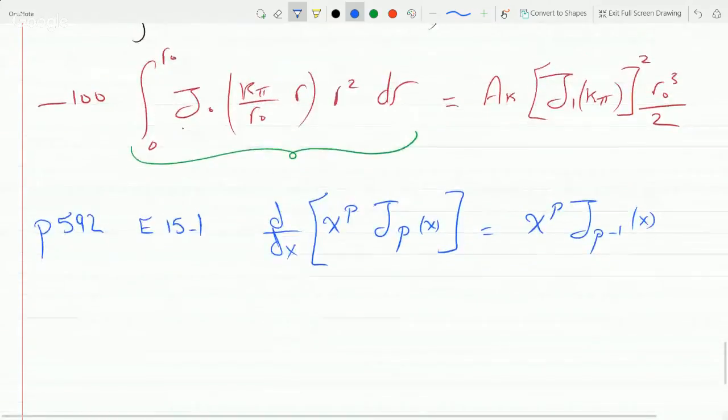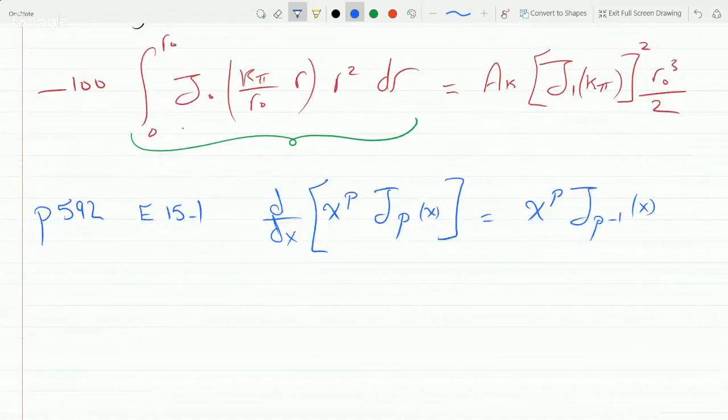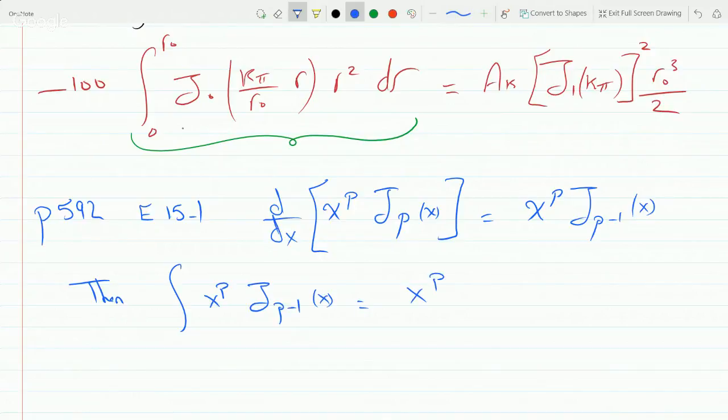Okay, so by the fundamental theorem of calculus, if the derivative of this is this, that means the integral of the right hand side will give you the left hand side. So the integral of x to the p, J p minus 1 of x has to equal x to the p, Jp of x. So that's how we're going to work this backwards in order to evaluate the integral.